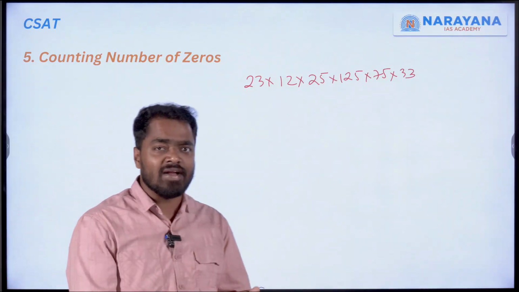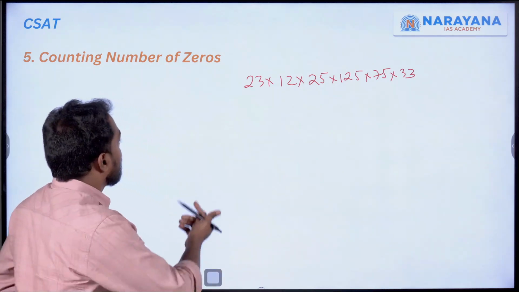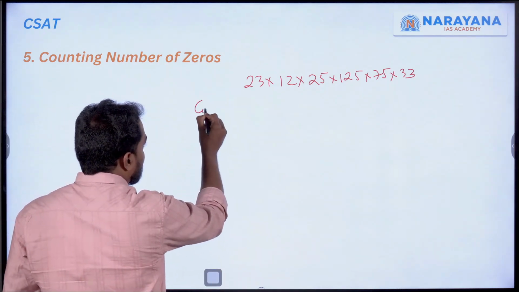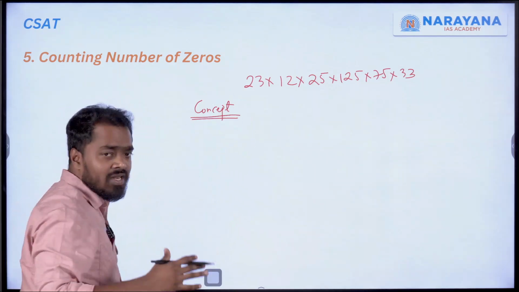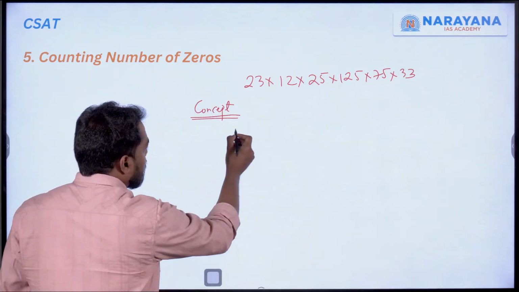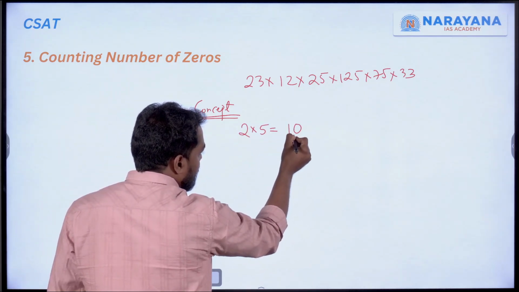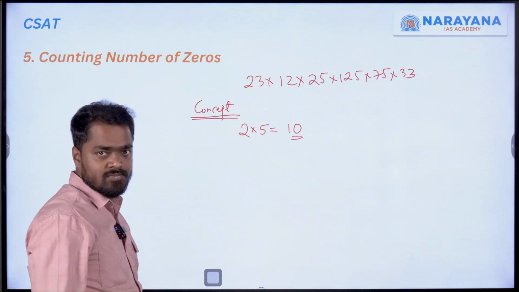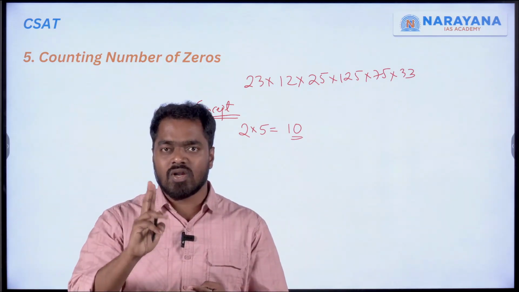So how to find the number of zeros for these kind of questions? Let's understand the concept first. In any multiplication, how do you get 0? If you multiply 2 with 5, you will get 10. So for one multiplication of 2 into 5, you are getting 0.